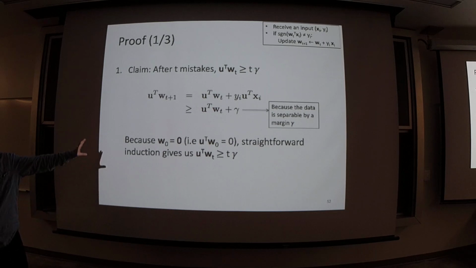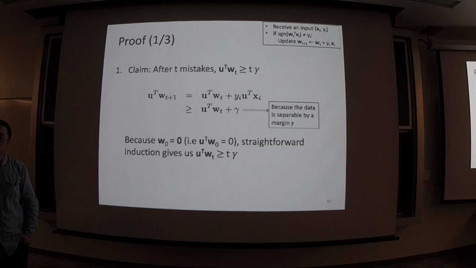Any question? The case t equal to 0 means after 0 mistakes. T starts from 1, but the starting point of induction is 0.